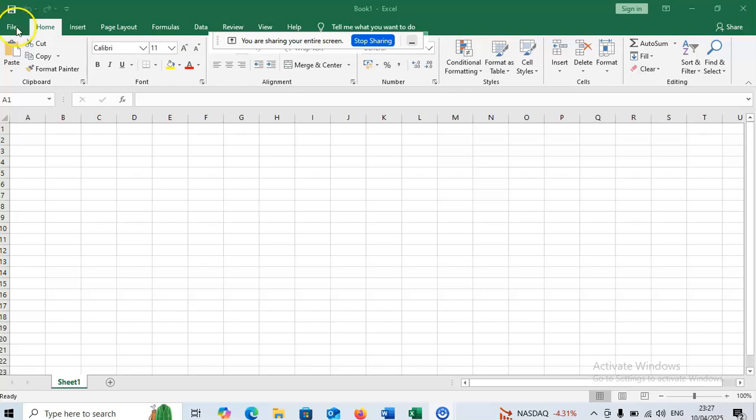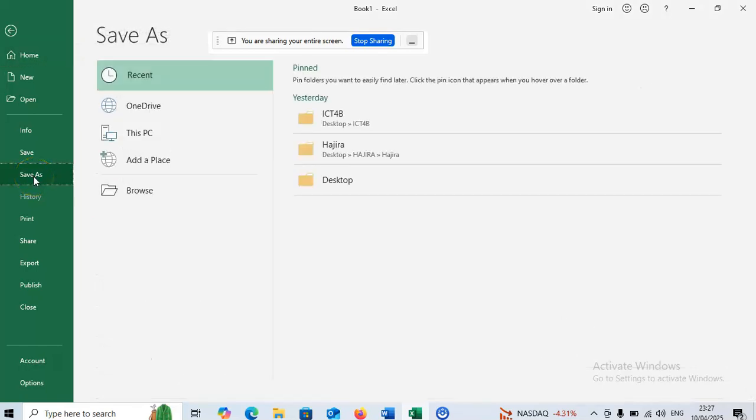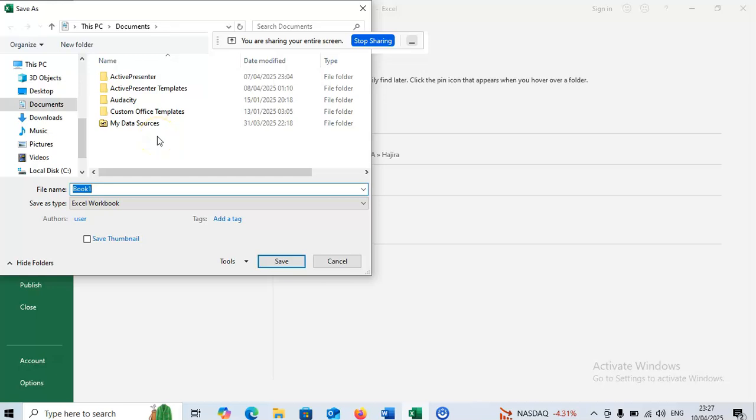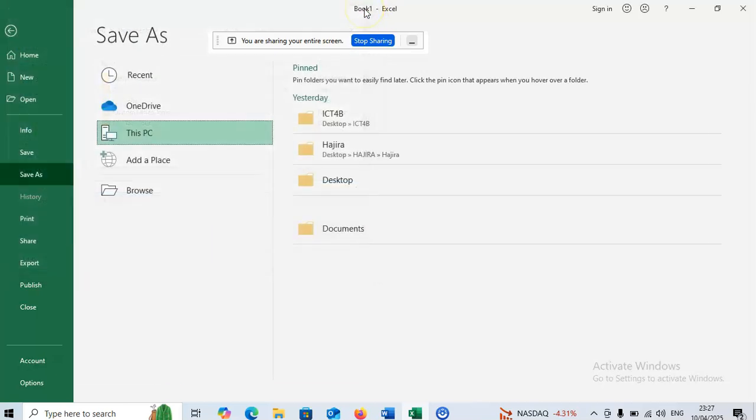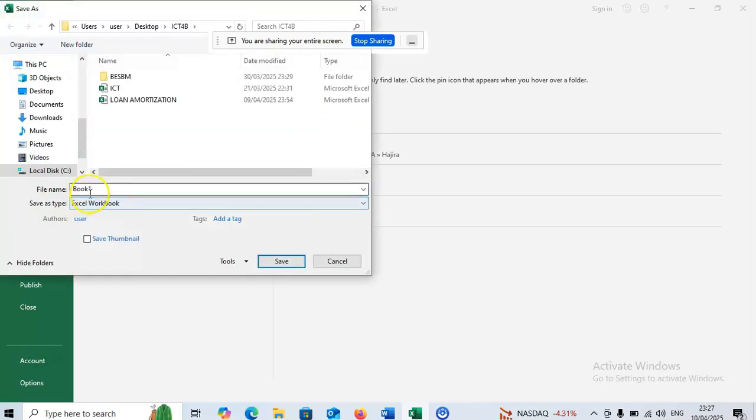Let's begin by saving our file. We can save it as example 2. We'll go to save as, this PC. Let me just save it under this folder of ICT for Business.